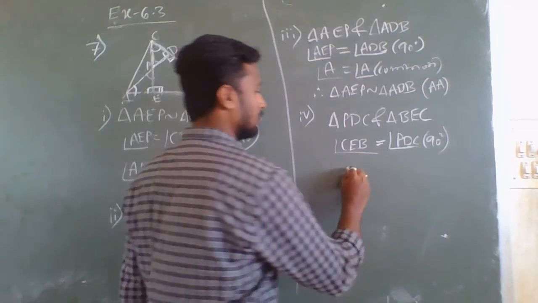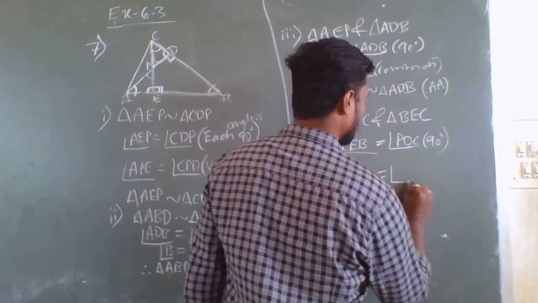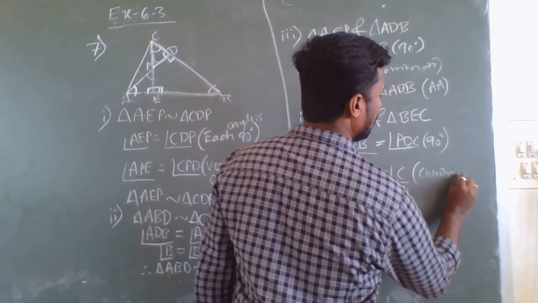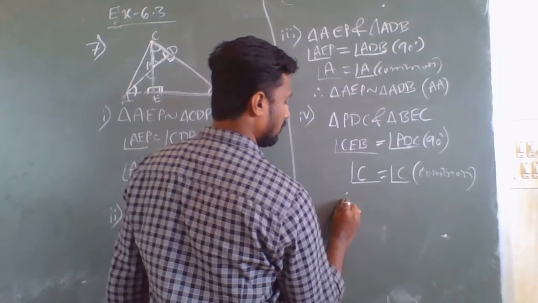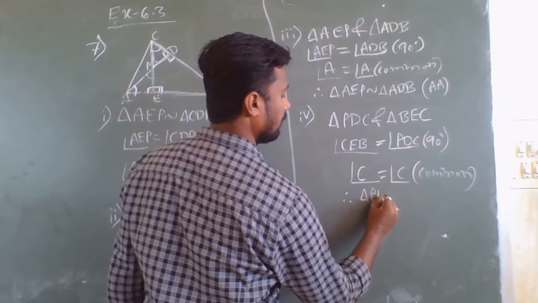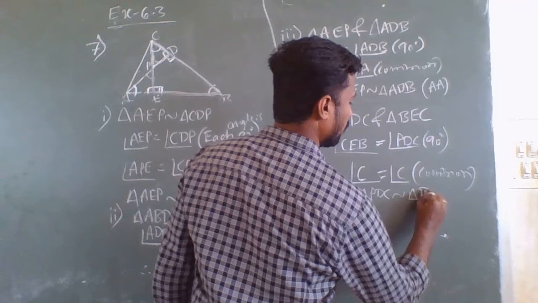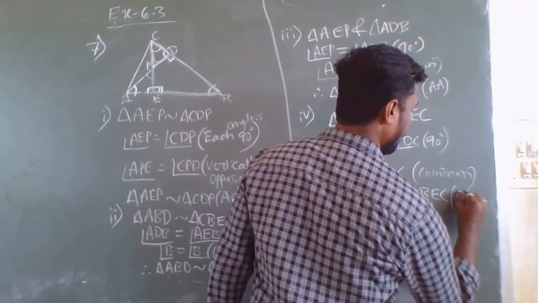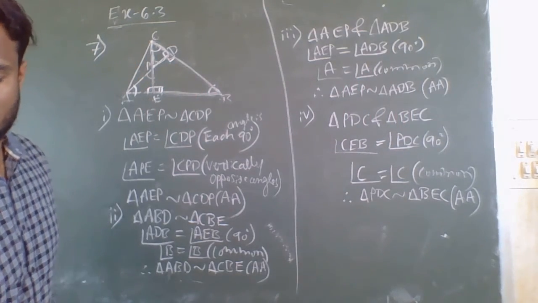You can write that angle C is equal to angle C. Therefore triangle PDC is similar to triangle BEC by AA. This is the fourth question. This completes the seventh problem.